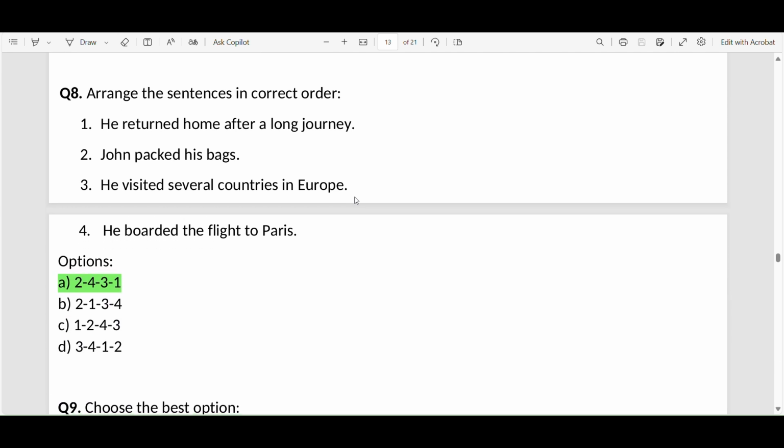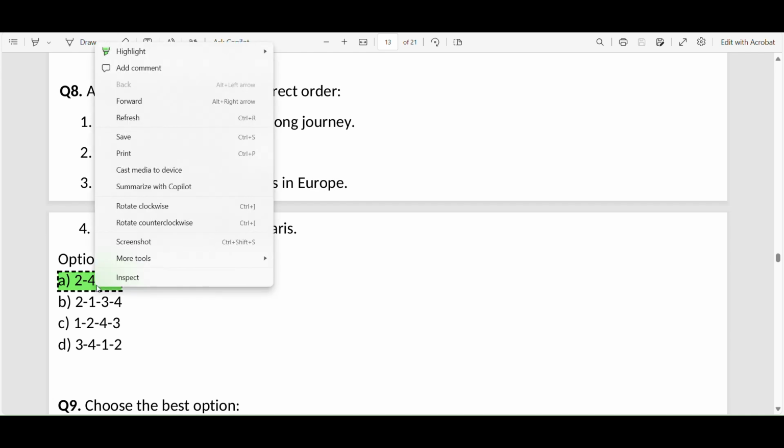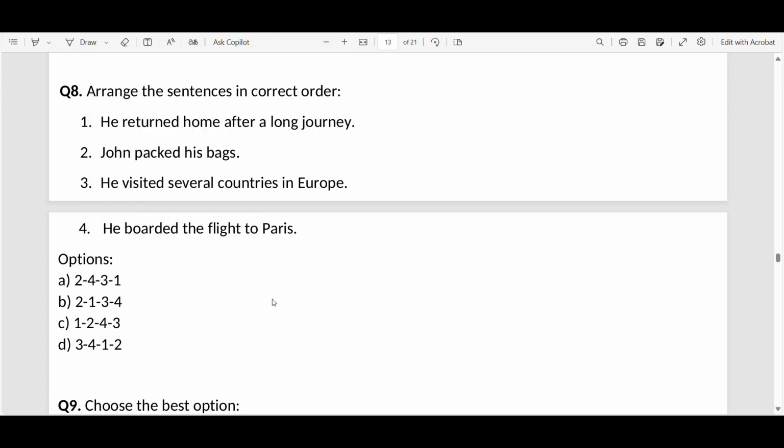And when you go to the next question, arrange the sentences in order. We are having four sentences and we need to arrange them in order. So I'm just removing it. Yeah, have removed it. First you need to read all the sentences, then you will be getting an idea on what topic it is.